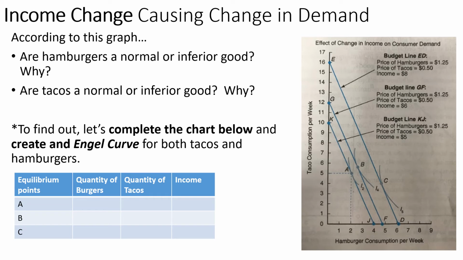So we can determine if a good is a normal good or an inferior good by tracking its demand across various budget lines.